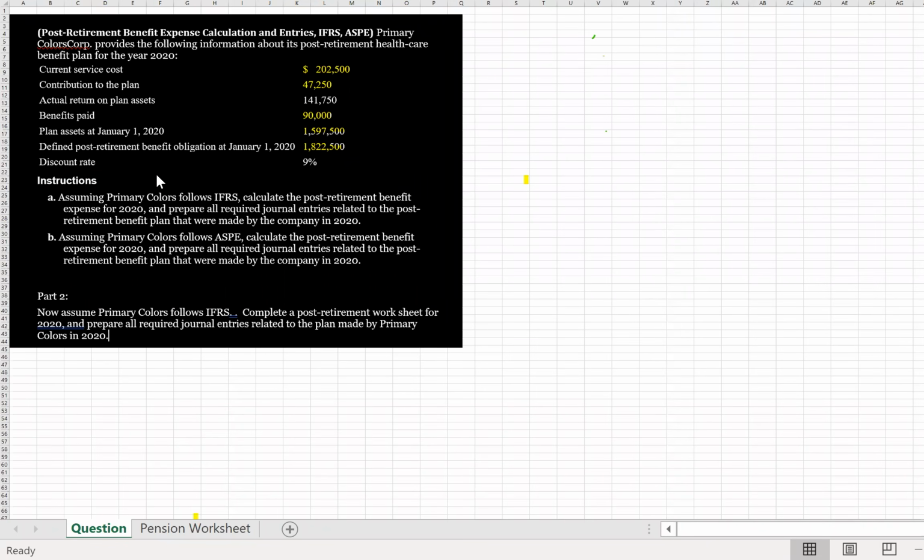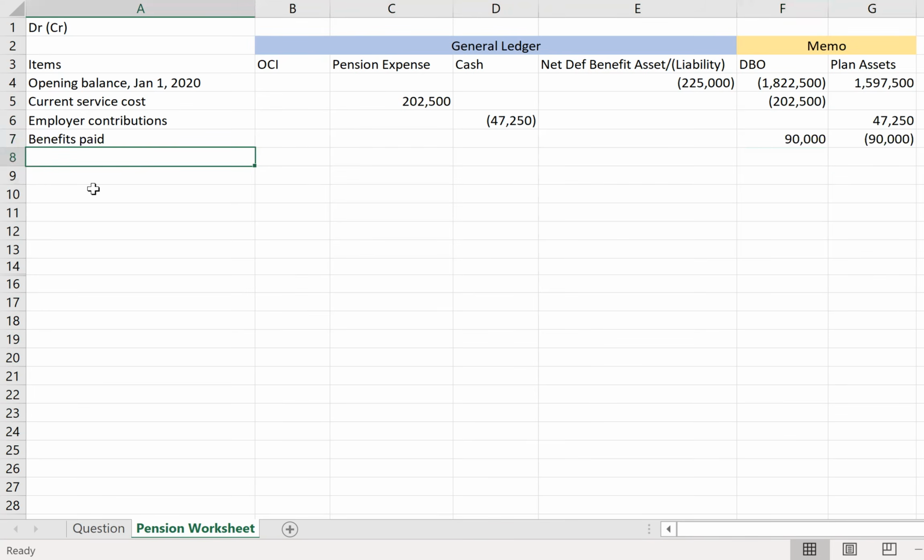Okay, next we're told, let's look at the expected return on plan assets and the interest cost on the DBO. So on plan assets, think about the company or the pension plan has this much money sitting in. Let's just think of it as a cash and investment account. So they're expecting to earn a return on that amount.